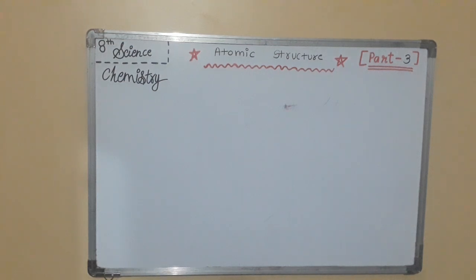The main postulates of Dalton's atomic theory are: First postulate, composition of matter. Matter is made up of very tiny particles. These tiny particles are called atoms. Second, indivisibility of atom. Atoms are indivisible, they cannot be further broken down. Third, invincibility of atom. Atoms can neither be created nor be destroyed in a chemical reaction and cannot be converted into that of another element.